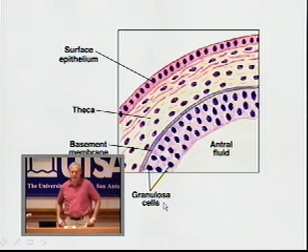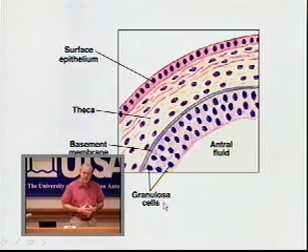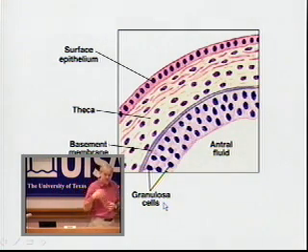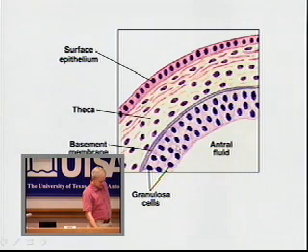Now we're at a point of development and differentiation where we call them granulosa cells. So the granulosa cells are really those follicular cells that we referred to originally, and that term can be used generically back to the initial developmental stages.